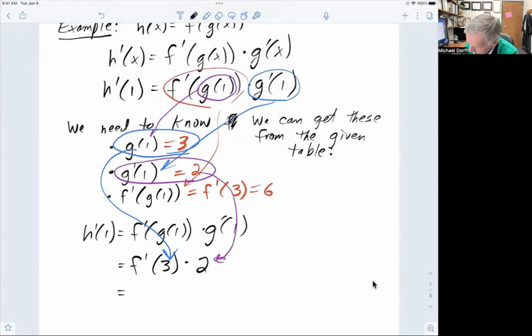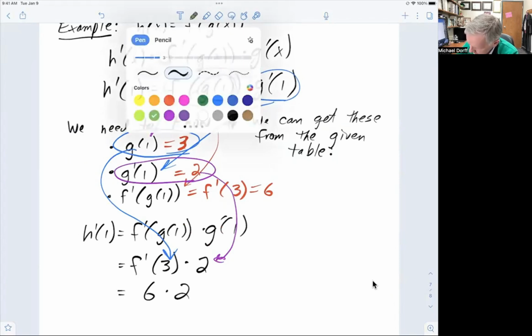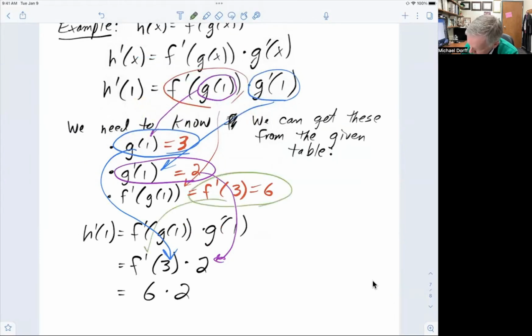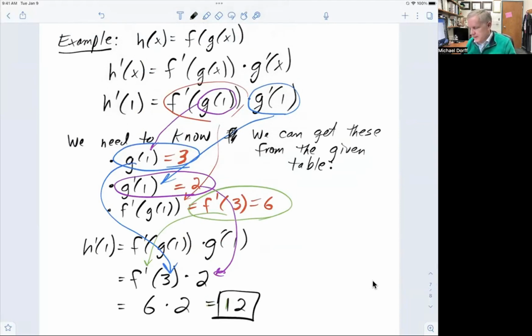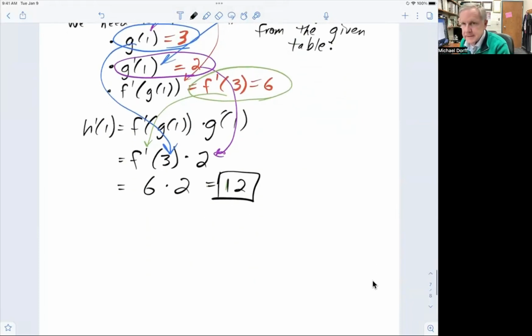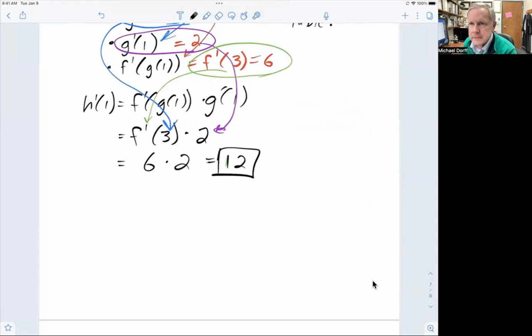And then this is going to be 6 times 2, so I end up with 12 as my answer. Hopefully you can see how to do this one. It's not really clear because I don't have the table there, but in my lecture notes in example 8, as I mentioned, there's another problem just like this that will help you solve this.